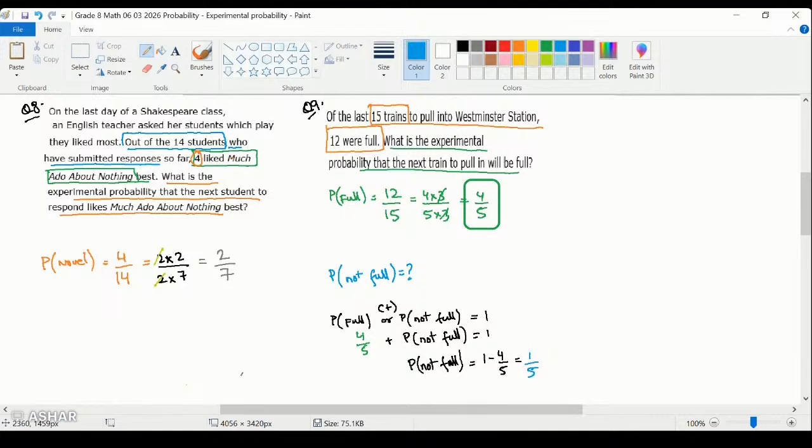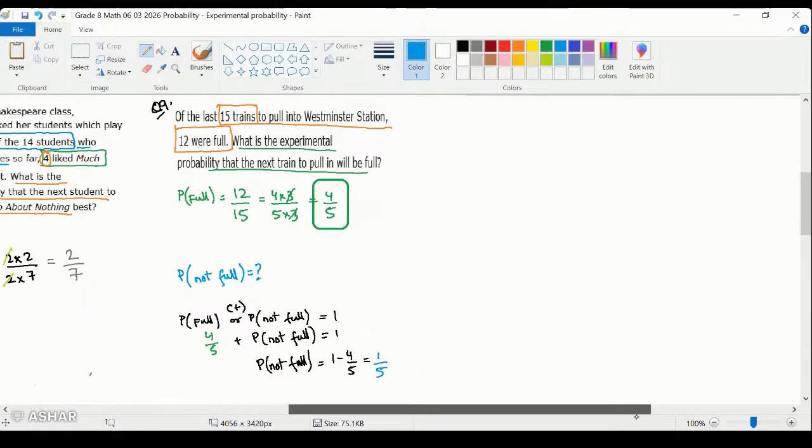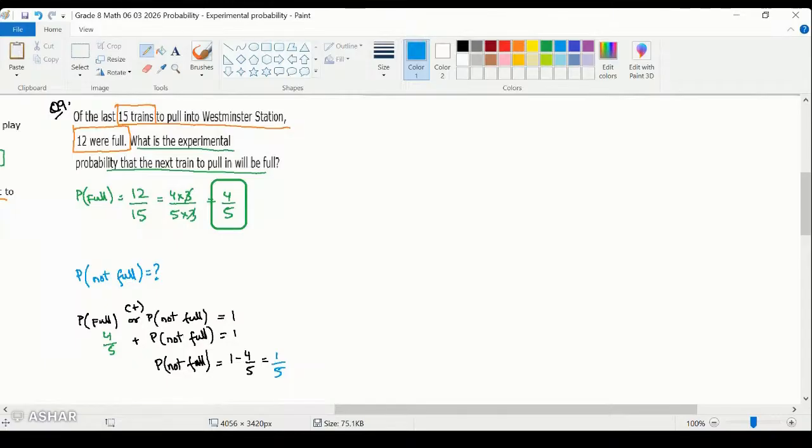So if we have one of the values, we can find the counter value of it, because the train has only two options. Either it is full or it's not full. If the probability of full was 4 upon 5, then the probability of not full would be the remaining part of the 1. Agreed?